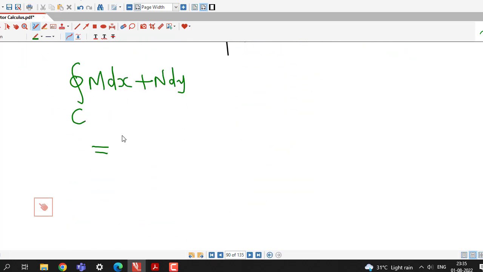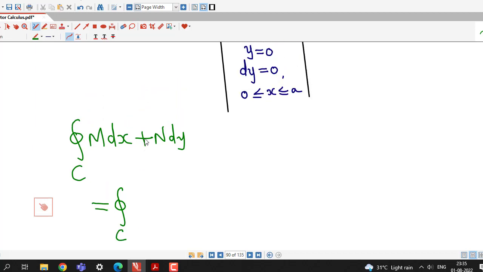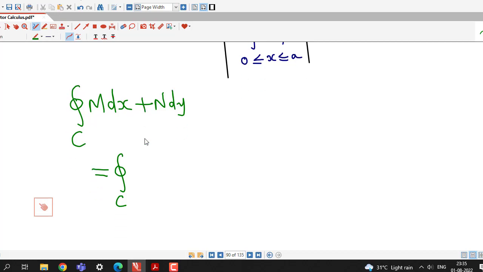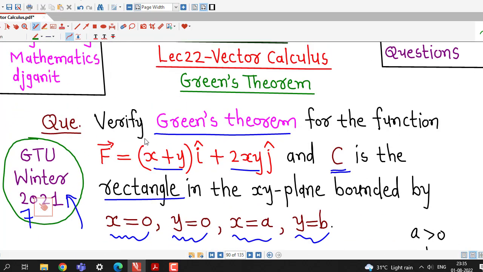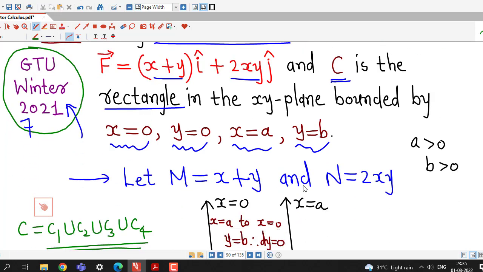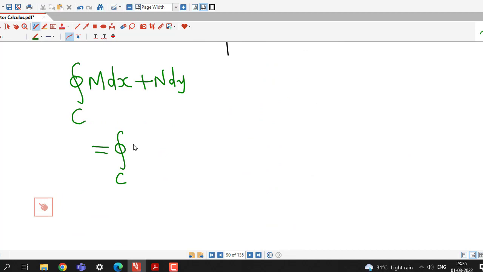So this I can rewrite as a line integral along C. Before writing this as a sum of integrals, first we substitute values of m and n. M is x plus y and n is 2xy. So here we write m equal to x plus y and n is 2xy, x plus y dx plus 2xy dy.